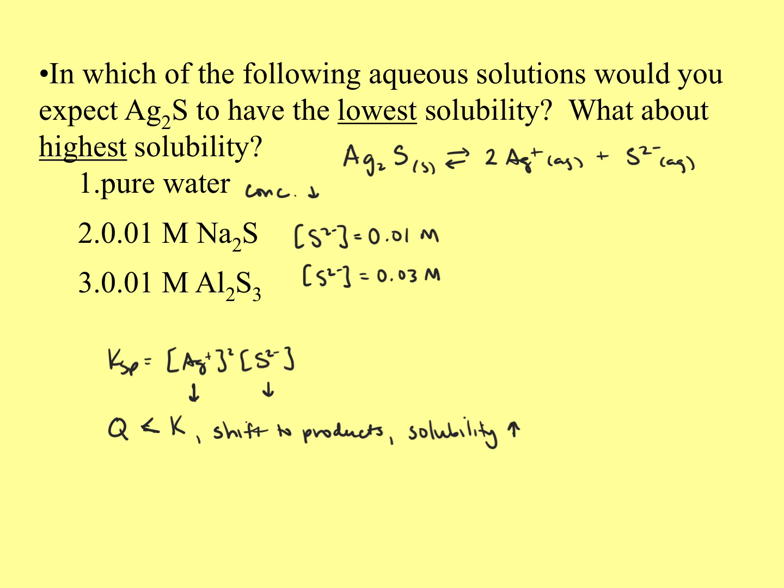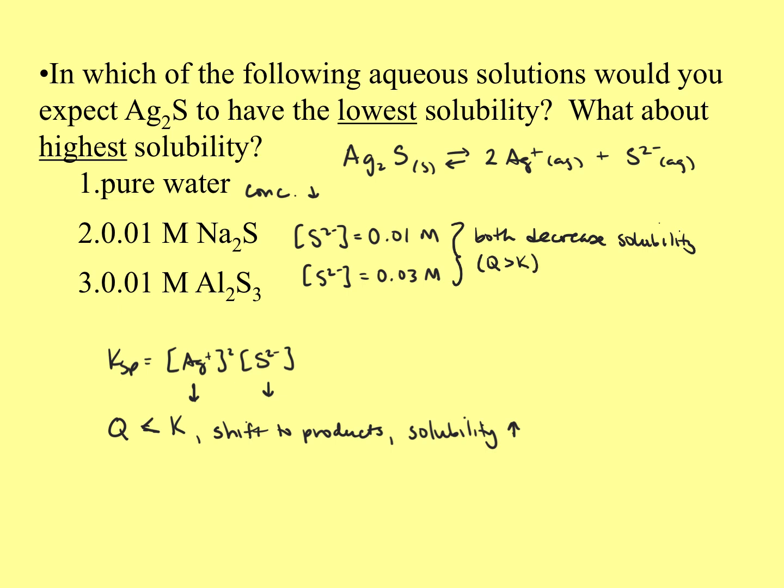By the common ion effect, the addition of both Na2S and Al2S3 will shift the equilibrium to the reactant and decrease solubility. So I would note that both decrease solubility. Q would end up being greater than K because you're adding more products.